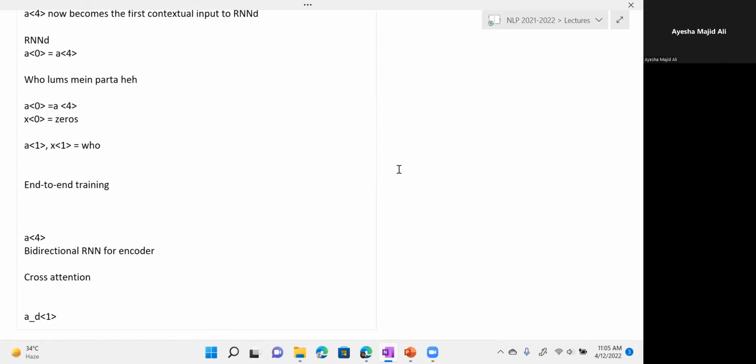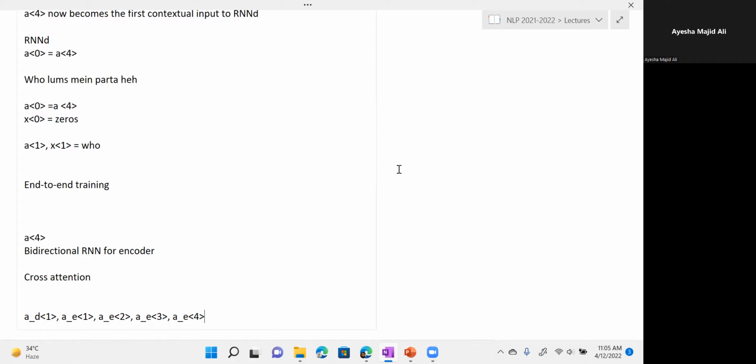So we would like to have a relationship between this activation and all the encoder activations. So what will that be? Let's say with E1, with E2, with E3, and with E4.